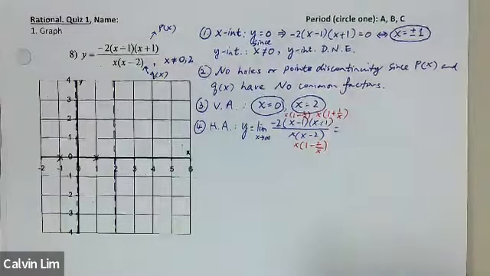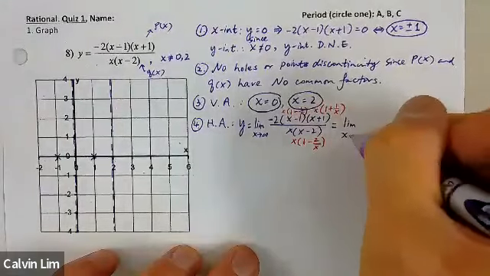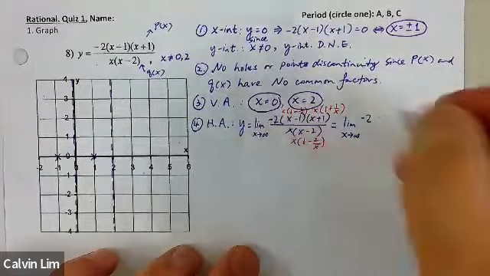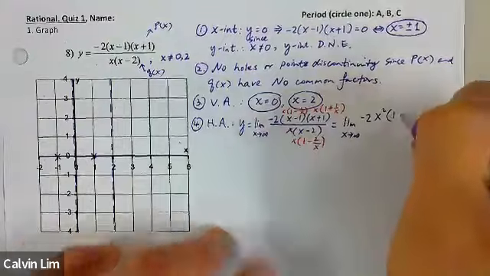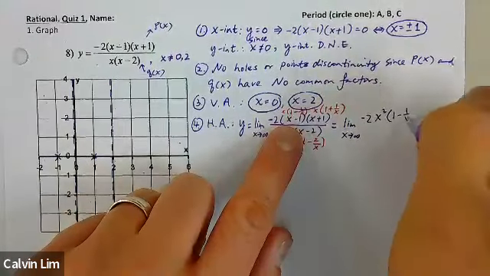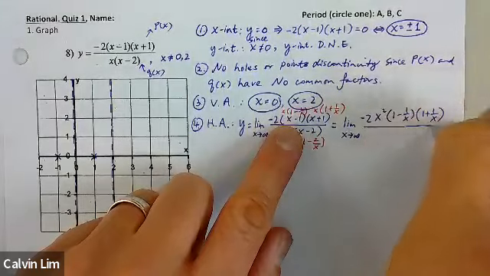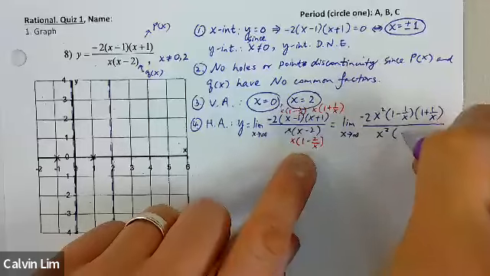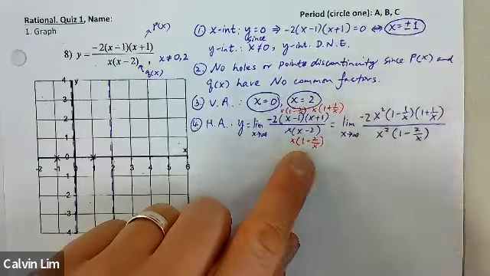So now I just have to rewrite this. I have -2, which is still there. x times x is x squared, and I'm left with (1 minus 1 over x)(1 plus 1 over x), divided by x times x, which is x squared, and I'm left with (1 minus 2 over x).